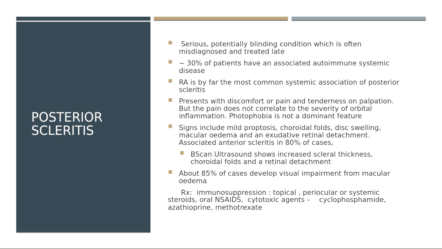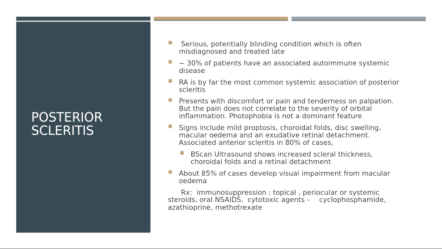And what do we notice with patients with posterior scleritis? They have mild proptosis. They have choroidal folds. They may have disc swelling, macular edema, and an exudative retinal detachment.